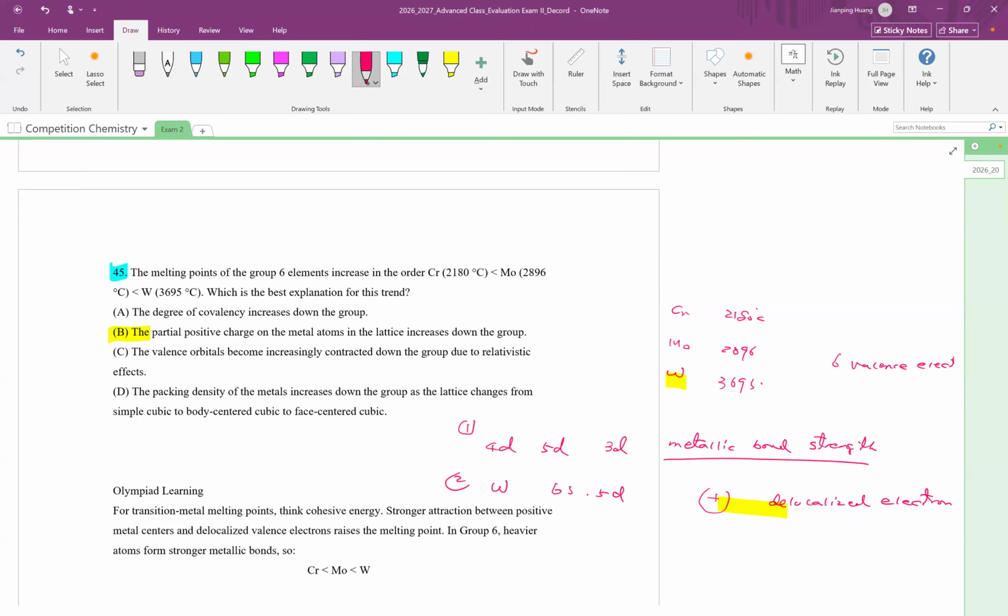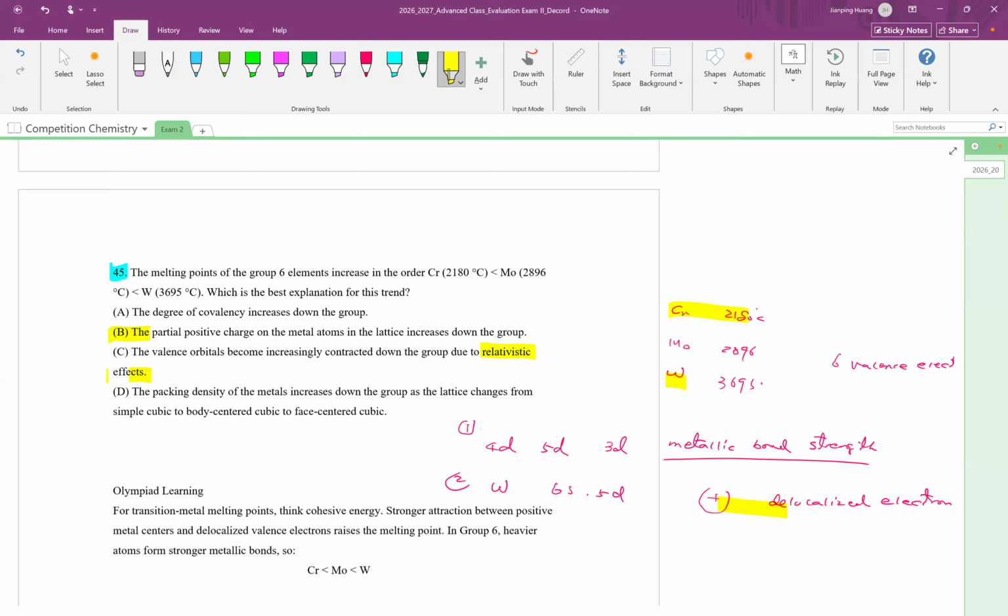We discussed it in the class, but in this question, it's very tricky. We are not going to overuse this one. Why? Because the relativistic effect, this one, no. So do not have it. That's the wording problem.